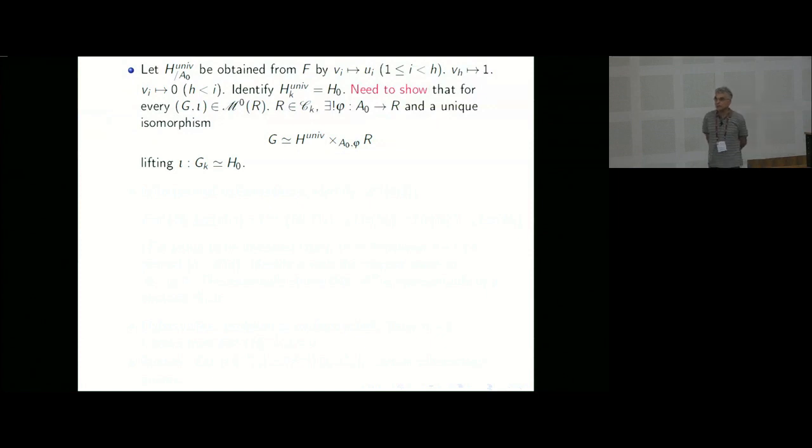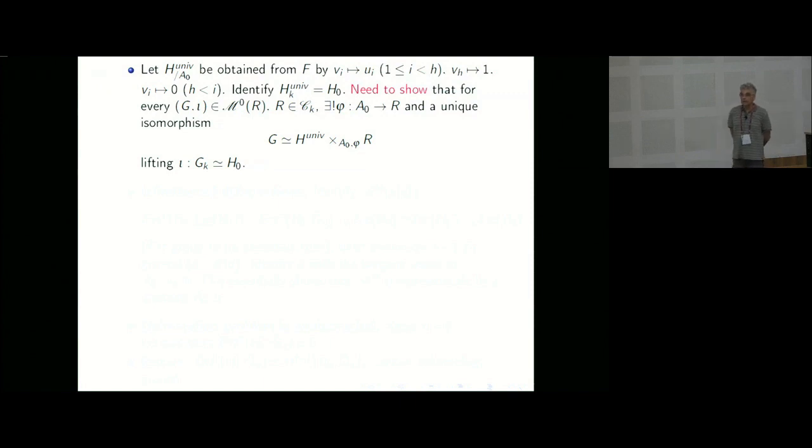You specialize the first H minus 1 V's to your variables UI's, VH to 1 and all the rest to 0, then you get a formal group law over that ring that you call H universal. Its reduction is of the correct height, so you may just as well identify it once and for all with H0. It's one-dimensional and of the correct height.